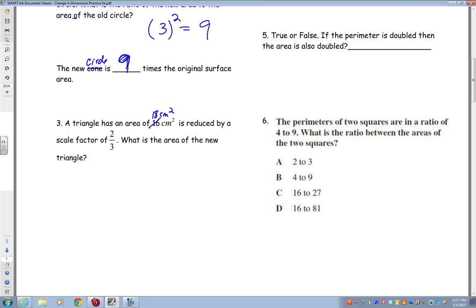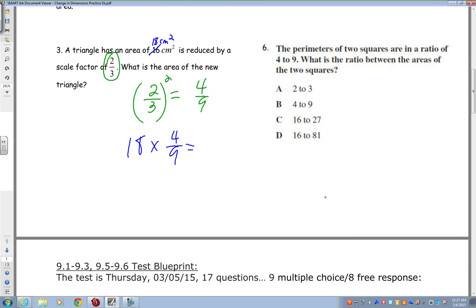By 2/3. Okay, so this is the change. What do you do to that change? Square. Okay, if you square it, what would you get? 4/9. Okay, so basically, I'm going to take my area, 18, and I'm timesing it by 4/9. Yep. If you do the 18 and times it by 4/9, you get 8 centimeters squared.